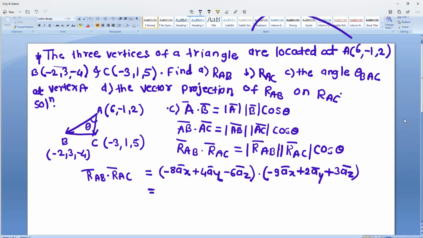Minus 8 into minus 9 is 72, plus 4 into 2 is 8, and minus 6 into 3 is minus 18. So it is 80 minus 18.